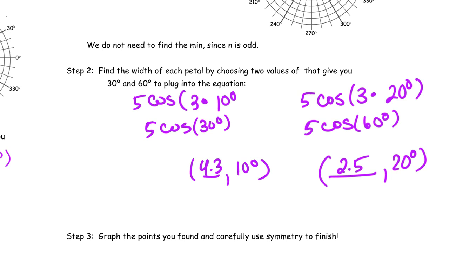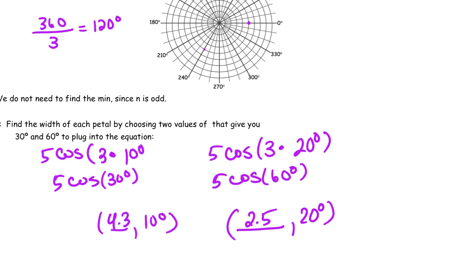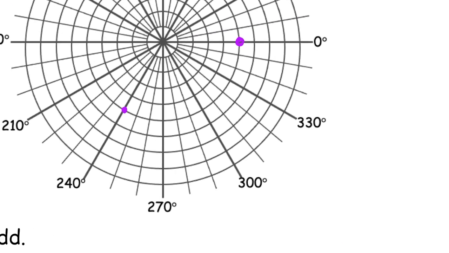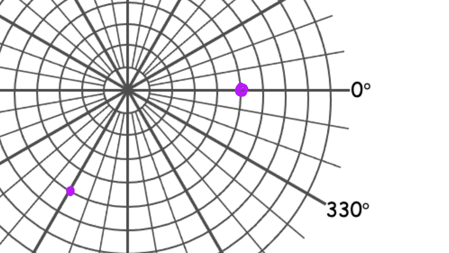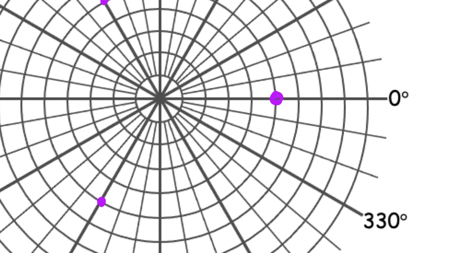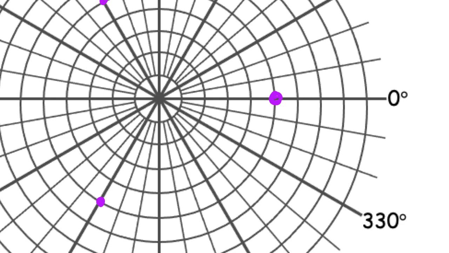Everybody okay with that? We got a second on this? Yes, no, maybe. Okay. So here we go. We got 4.3 at 10 degrees. So let's see. 4.3 at 10 degrees. I go 1, 2, 3, 4.3 is about right there.